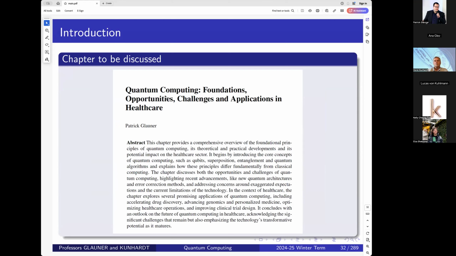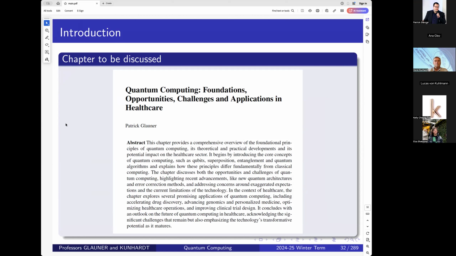And I just wrote a new book chapter myself, which should also be available in the Nextcloud directory already. That book chapter is called Quantum Computing: Foundations, Opportunities, Challenges, and Applications in Healthcare. It's for one of my new books that is just with Springer, and it's getting typeset and processed by the publisher. It's a book about healthcare where I'm one of the editors. I wrote a chapter about foundations, opportunities, and challenges of quantum computing.